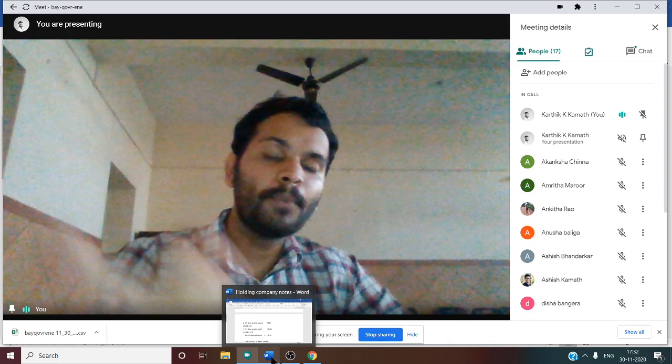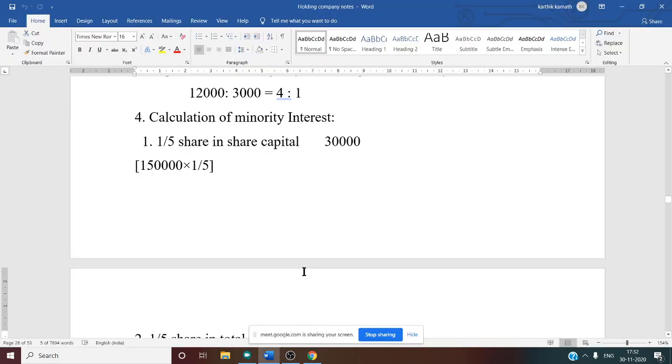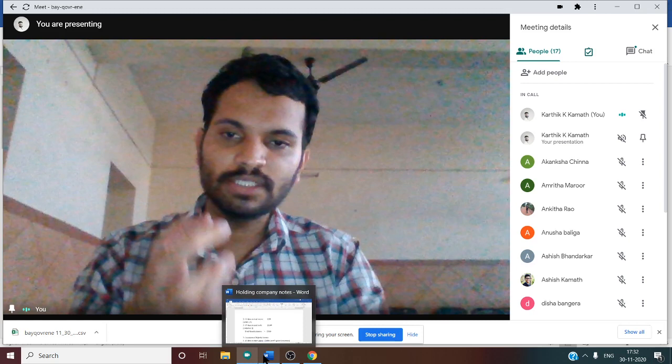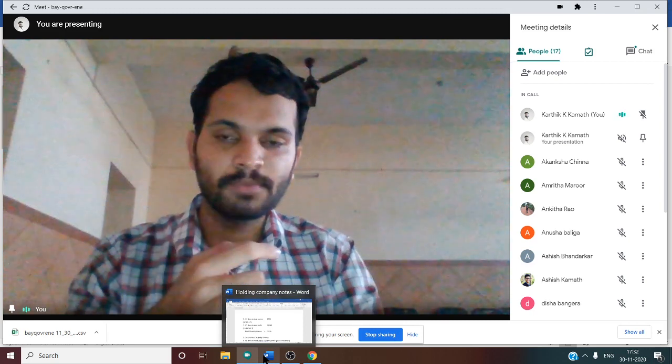So now we have calculated minority interest. Now we can easily calculate majority interest. For majority interest calculation, what happens? We need pre-acquisition reserve, pre-acquisition profit, post-acquisition reserve, post-acquisition profit, and one more thing, share capital is also needed.